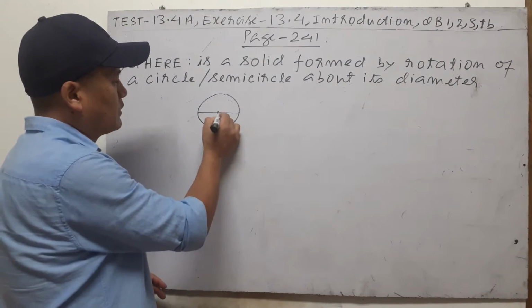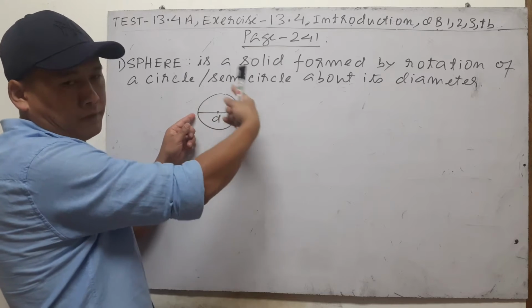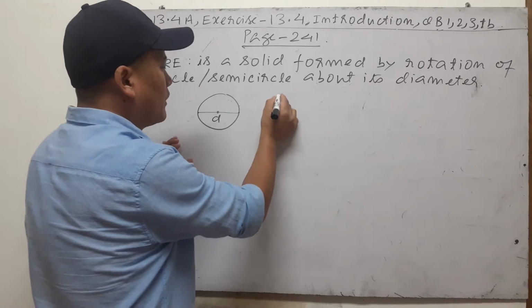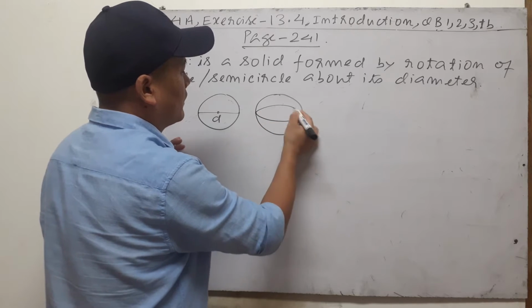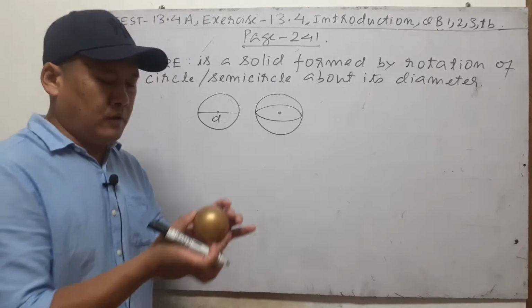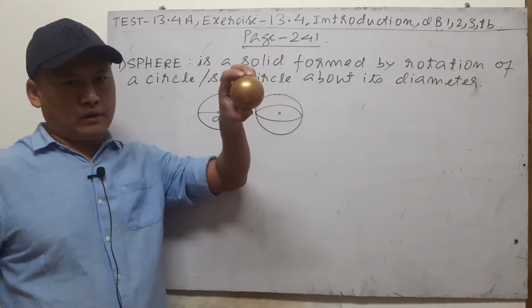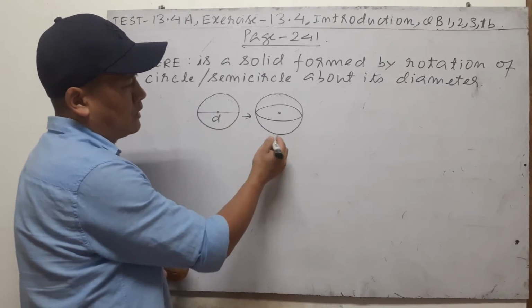So if you keep this diameter fixed, meaning not moving, and rotate the rest of the circle, you'll get a structure like this. Don't you think so? Meaning you will get a structure exactly like a cricket ball or a tennis ball. So such a thing is called a sphere.